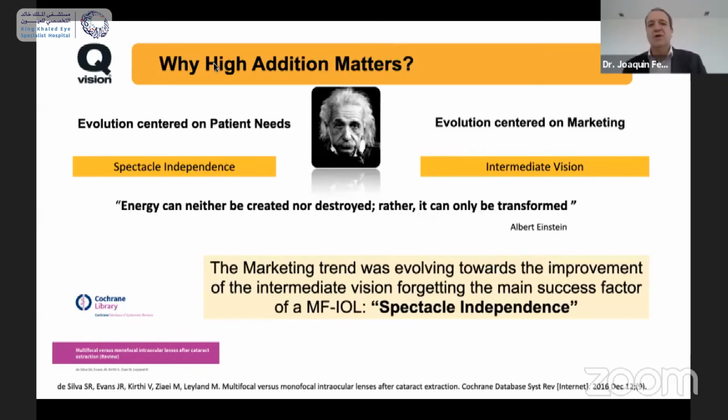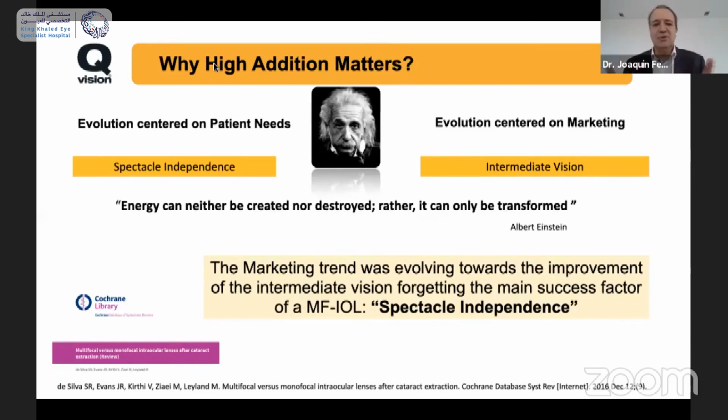And on the other hand, we have the evolution centered on marketing, reducing the near vision and improving the intermediate. What is the reason? Only to improve the intermediate vision? No, it's because we are going to see that in theory, improving the intermediate vision and reducing the near vision is going to reduce the dysphotopsia.